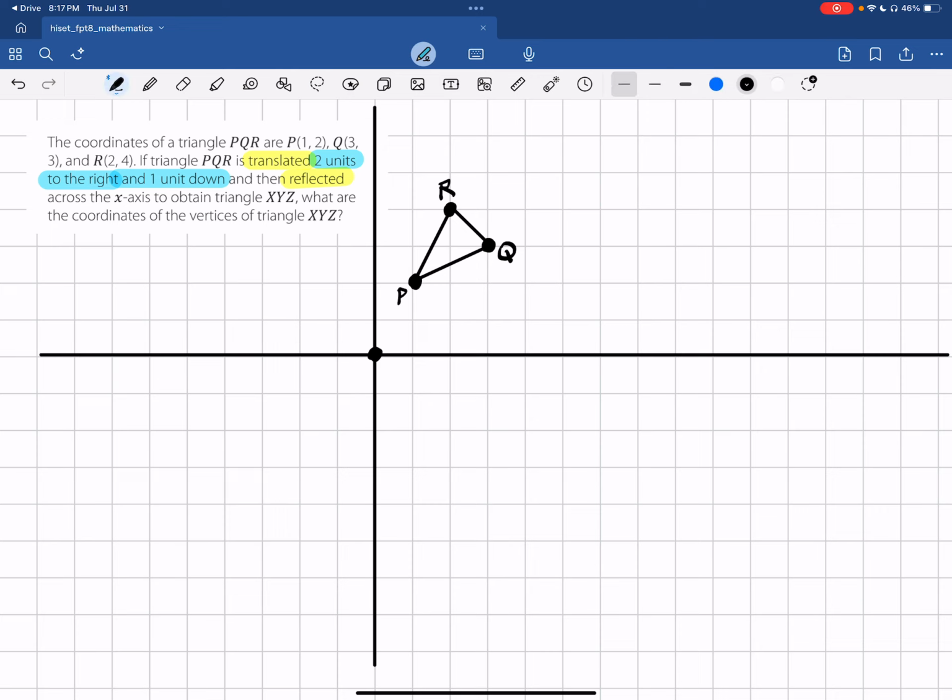So I need to take each point in the triangle and do that. I'm going to start with P. It says to move it 2 places over and down 1. So here would be the new point P. Then Q, it says to move it over 2 and down 1. So the new point Q will sit right there.